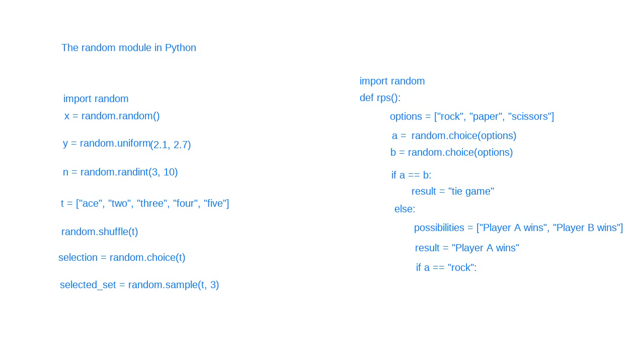So if player B chooses scissors, then player A wins, and we've already recorded the result of player A wins. So let's only look at what happens if player B chooses paper. If player B chooses paper, then we're going to change the result.